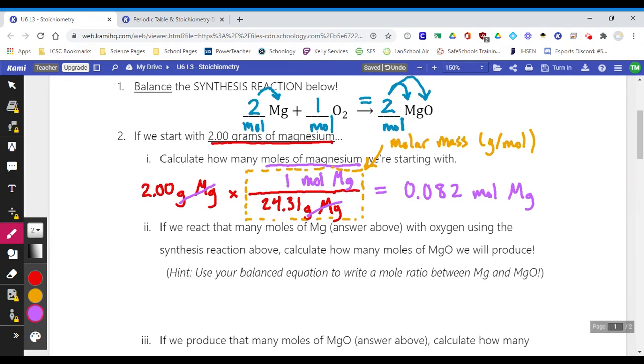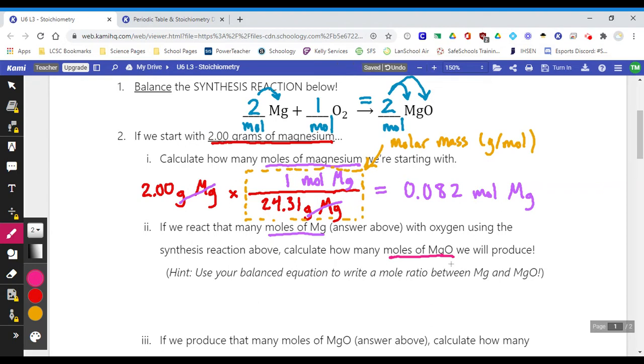We react that many moles of Mg, what we just calculated, with oxygen in the reaction here. Calculate how many moles of MgO we will produce. Interesting. So we're going from moles of one chemical to moles of another.